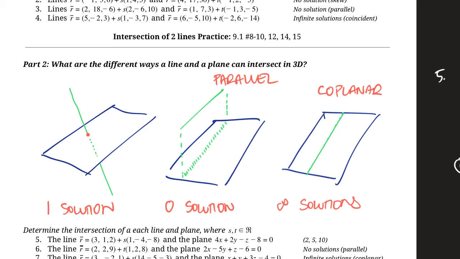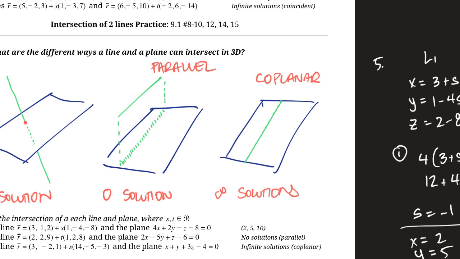Now, I just want to put out there, is there another way to find out if a line and a plane are parallel to each other? There's actually a few ways to do it, but there is one way that's a good quick check. And that way is to look at the normal of the plane.